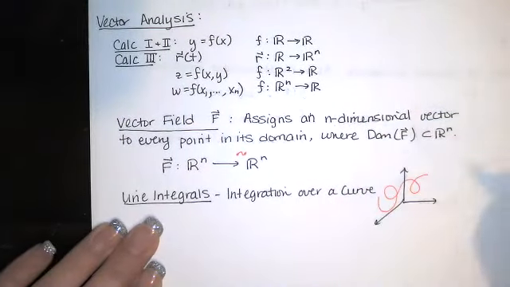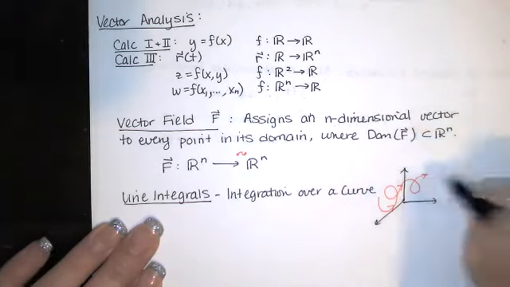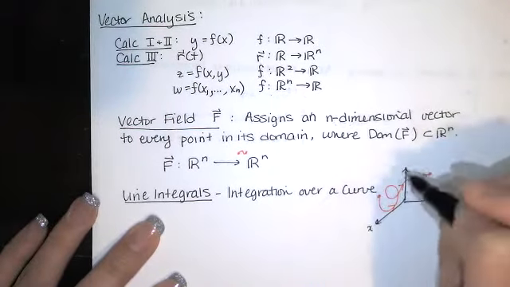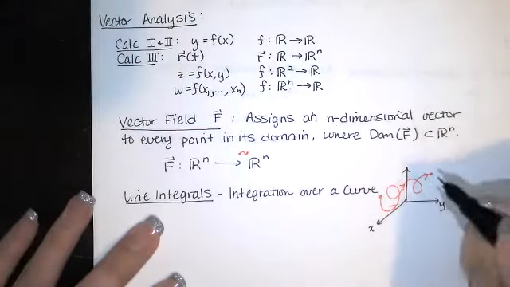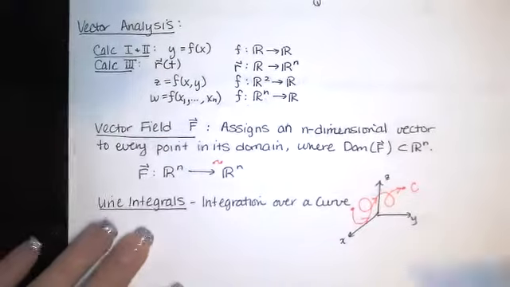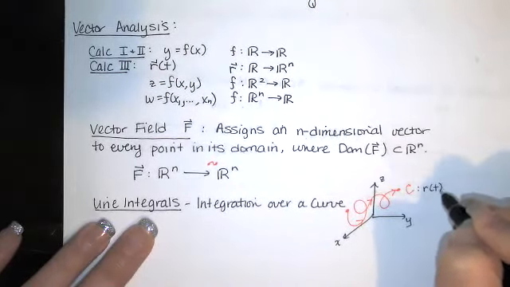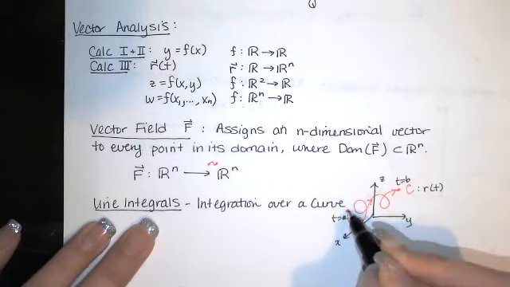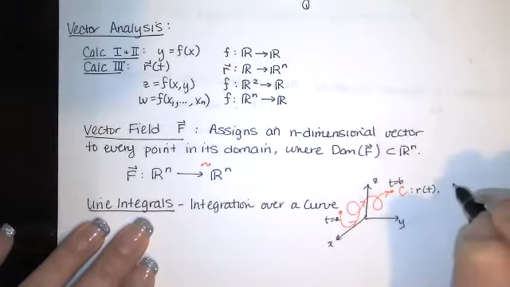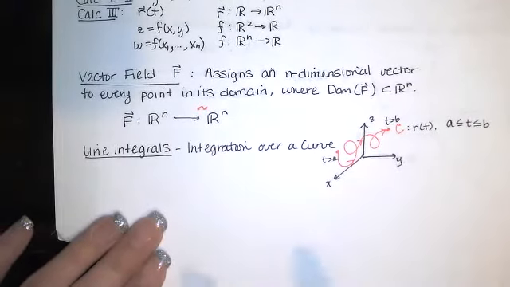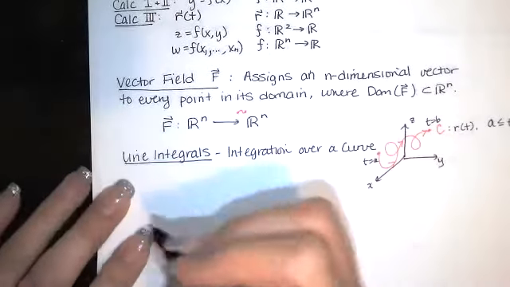Same curves that we talked about in our chapter on vector valued functions or vector functions. So maybe this is a curve C, and it's given by r of t, and t starts at A and t ends at B. So we start at this location, we end at this location. Rather than integrating over some subset of the real line, we can integrate over this. We'll talk about that very shortly.